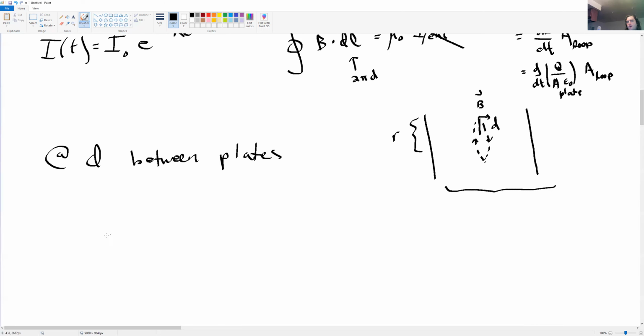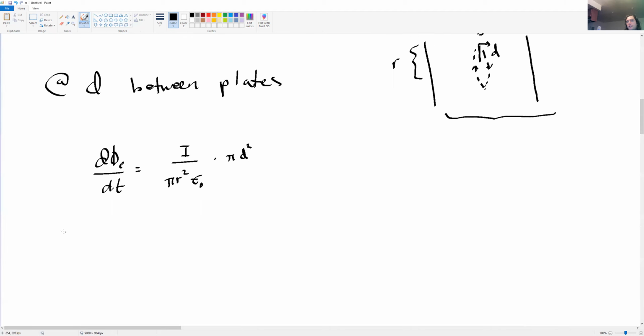So d phi e dt is going to be equal to the current I, which is dq dt, divided by the area of the plates, which is pi r squared, times epsilon naught, times the area of the loop, which is pi d squared.